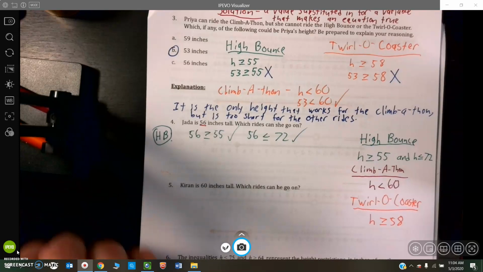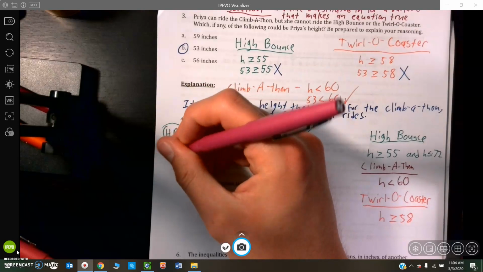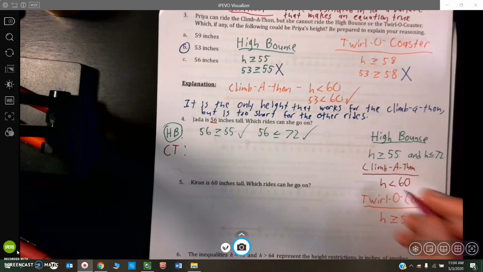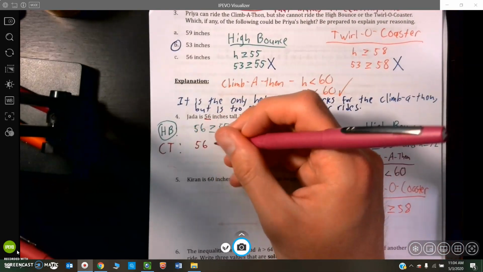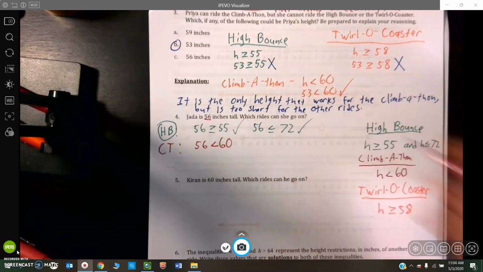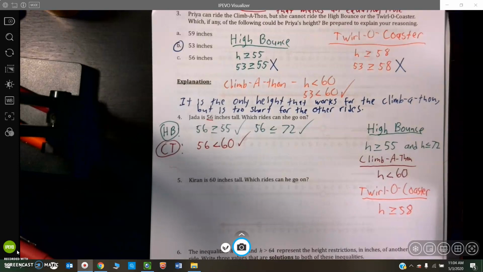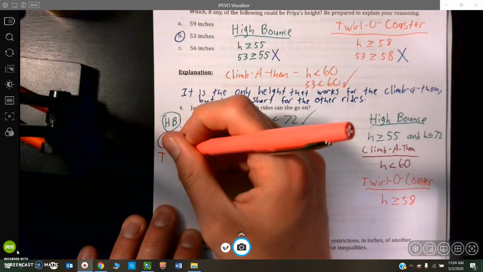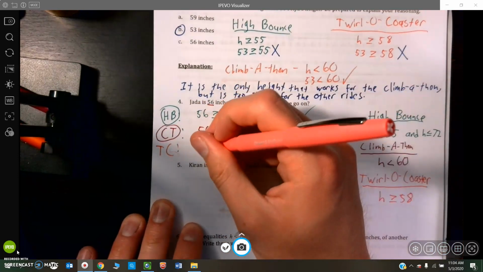Now let's try the climathon. Once again, I'll call this one CT, and its height is less than 60. Her height is 56, less than 60, and that is a true statement. So she can also ride the climathon. And now the twirlicoaster, call that TC, and that's H is greater than or equal to 58.